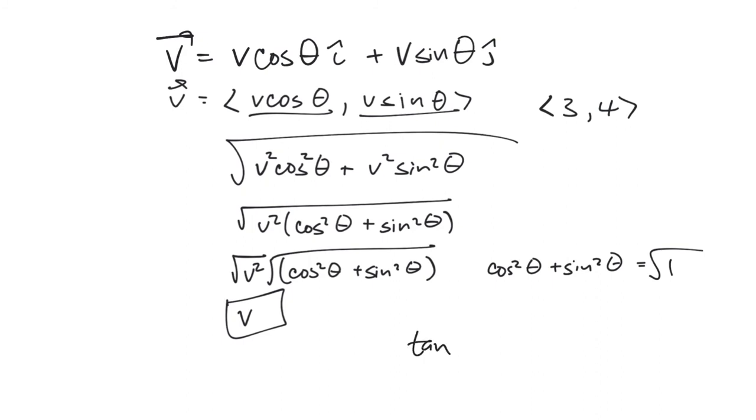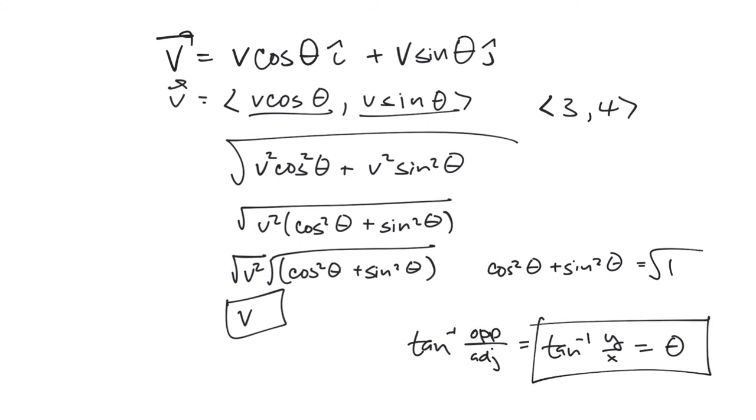Tangent to the negative first, which is not actually to the negative first, just means inverse, of the opposite over adjacent, which is the same thing as inverse tangent of y over x. That'll give you your theta, or your angle. So the Pythagorean theorem for your magnitude or length, and this puppy for your angle.